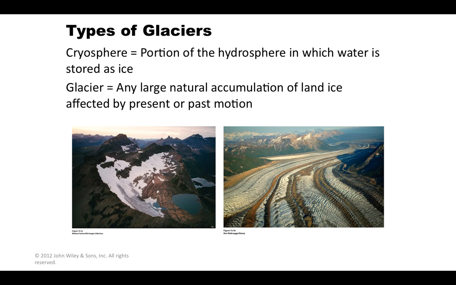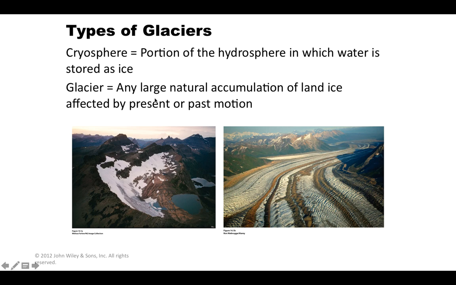Salt water. 2% of it is kept in ice, and that's what we refer to as the cryosphere. So when we look at our fresh water, one of the reasons that glaciers are so important is because that's where most of our fresh water is. Most of our fresh water is being stored right now in glaciers, or the sisters of glaciers. And I'll explain what I mean by the sisters of glaciers in just a minute.